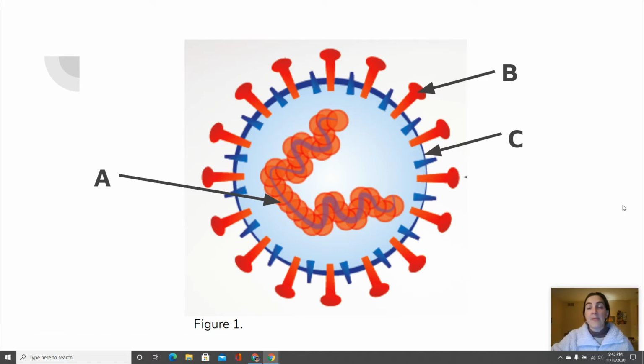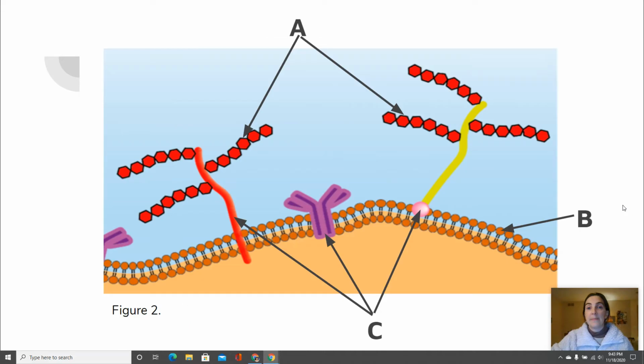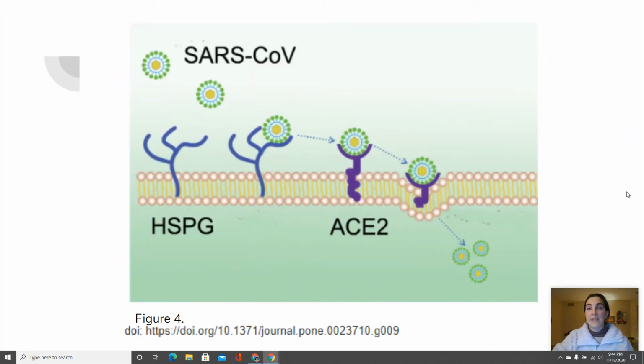This is a diagram of coronavirus, and you're going to label a couple different parts. Now we're going to review a little bit of cell membrane structure so that we can make some connections here. Then finally, we're going to try and tie all of this together.